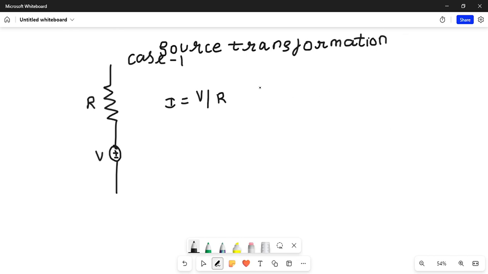You get a current in parallel with the resistance.